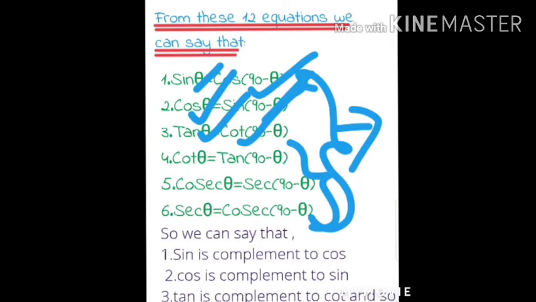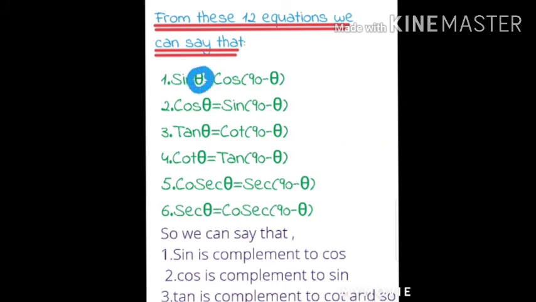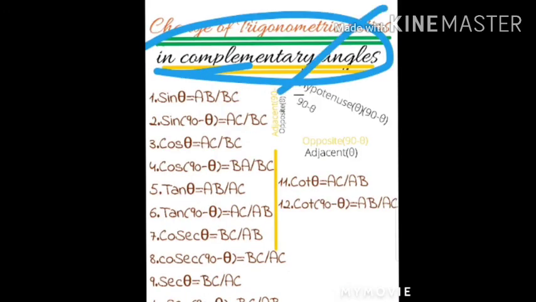Because there is a change of trigonometric ratio in complementary angles. We know that theta and 90 minus theta are complementary angles. Sin theta is equal to cos 90 minus theta. Sin is a different trigonometric ratio, cos is a different trigonometric ratio. So there is a change in trigonometric ratio in complementary angles.